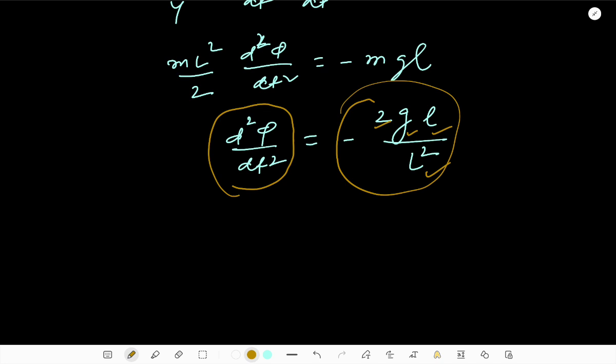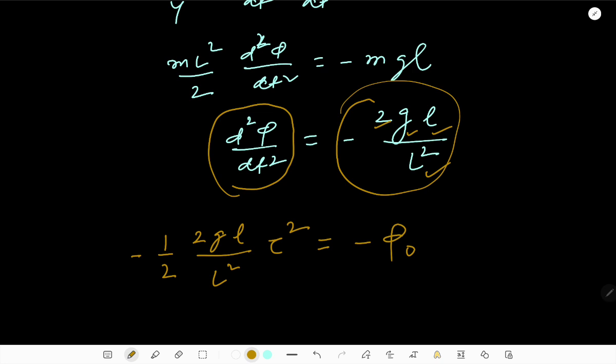That means it's a uniformly accelerated motion, so I can use s equals ut plus half at square. Initially it was at rest, so I'm going to use half at square. So half times minus 2gl upon l square times tau square is equal to the displacement, and the displacement is minus phi naught.